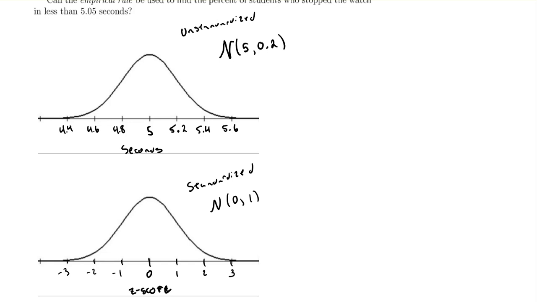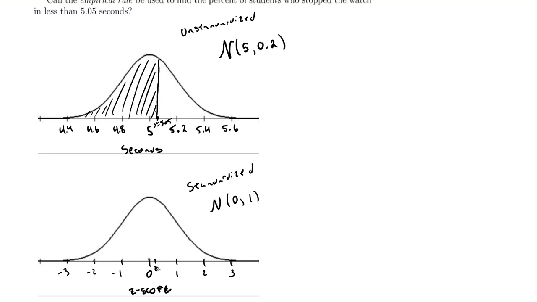I want to find what percent of students stop the watch in less than 5.05 seconds. So 5.05 seconds is going to be here, 5.05. And I know from last time, if I want to answer this question, I'm looking for the area to the left of 5.05. Well, I'm going to find the z-score of the value 5.05.